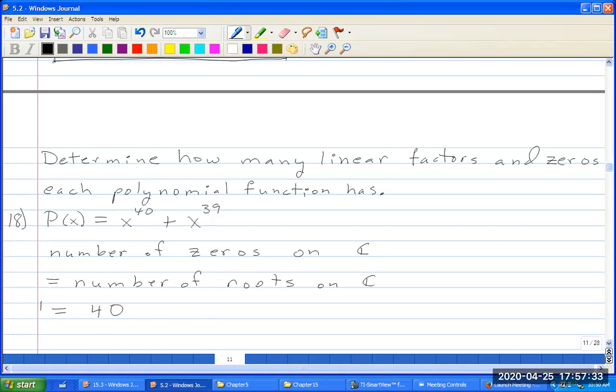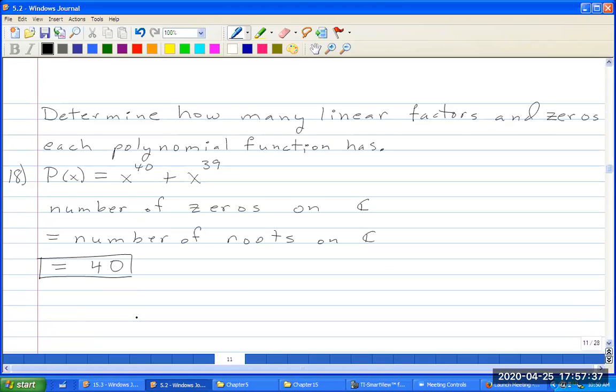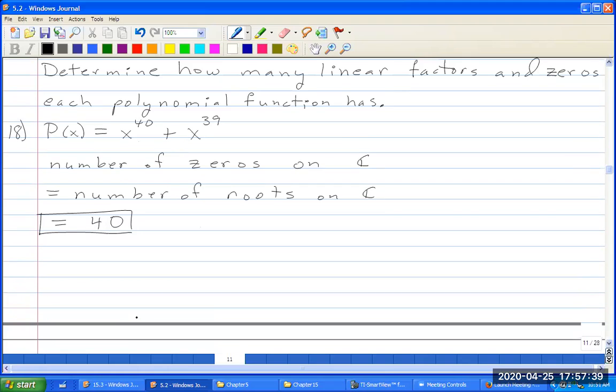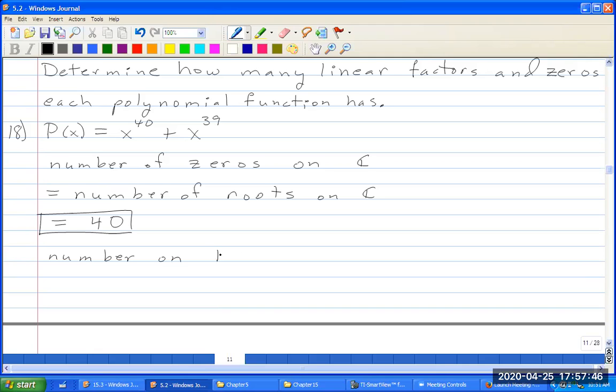Okay. If I look at the number of zeros on R, so let's do this for the real field.